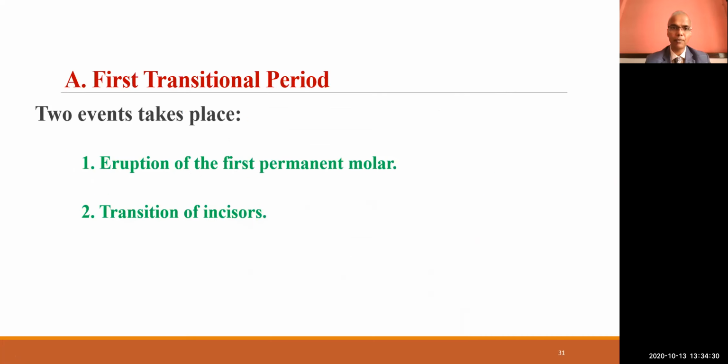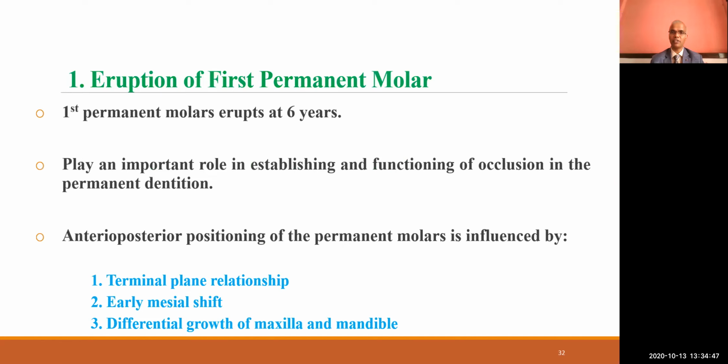First, the transitional period. In this period, two events take place. One is eruption of the first permanent molar, and the other is transition of incisors, meaning exchange of deciduous incisors for permanent incisors. The first permanent molar erupts at the age of 6 years, generally the first mandibular molars.